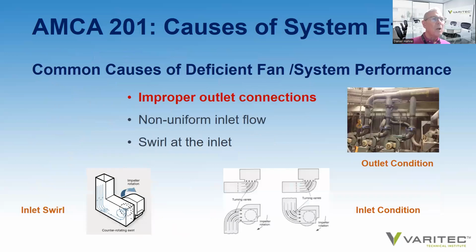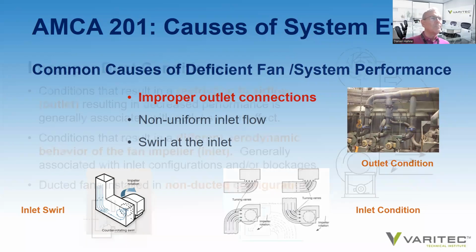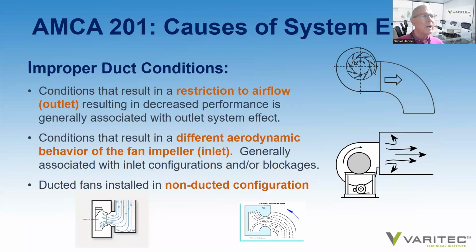Well, there are three common causes to fan system effect. They are improper outlet connections, non-uniform inlet flow, and swirl at the inlet. And we're going to look at each of these conditions individually. Improper duct conditions at the outlet of the fan.